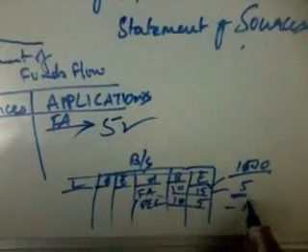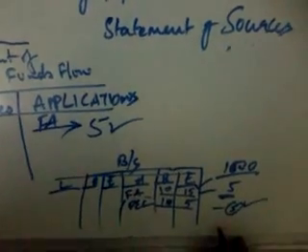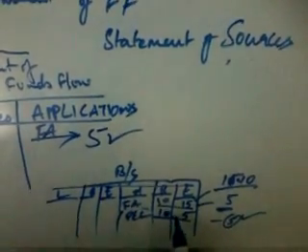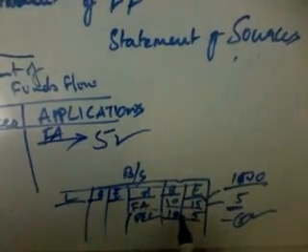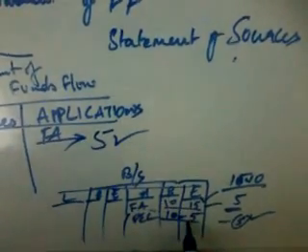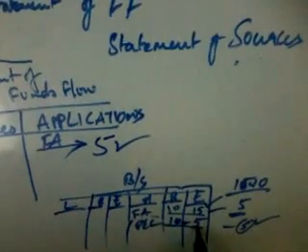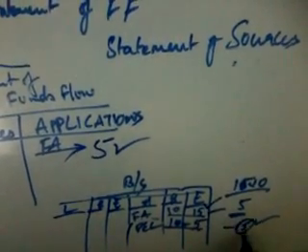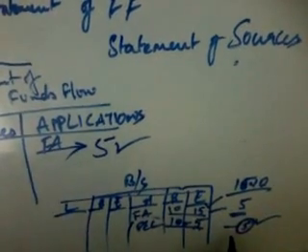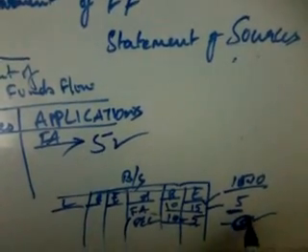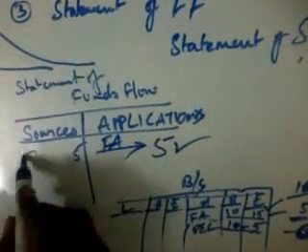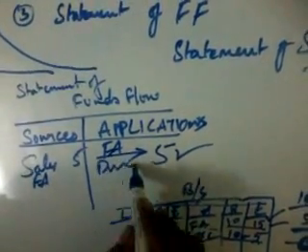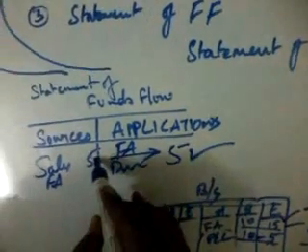Again, 5 is missing. Let us assume, not thinking of depreciation and all, that an asset has been sold out. That is the only reason the asset has decreased. How much asset has been sold out? For 5. So we have received funds, that is 5, by sale of fixed assets. By purchase we used 5, by sale we received 5.